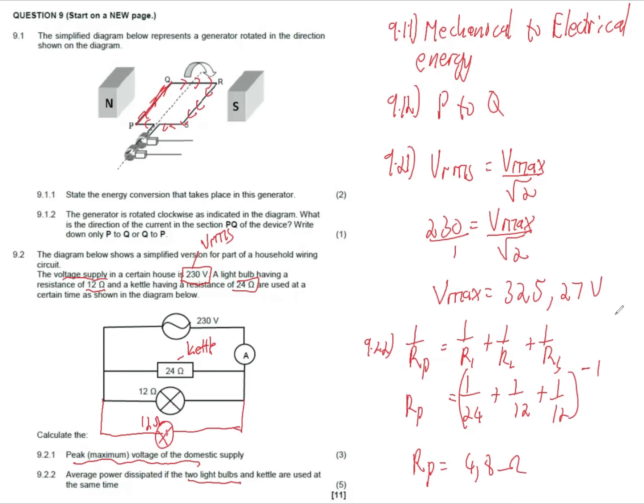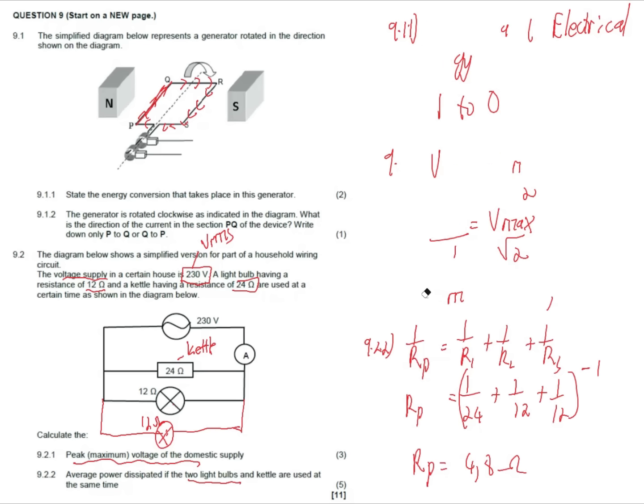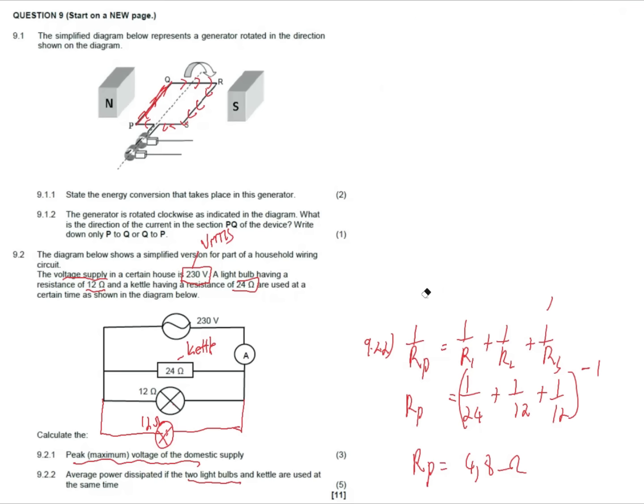So now, after getting this 4.8 ohms, we need to still calculate the what? The average power now. So note that we are given the VRMS as 230 there. So the formula that we can now apply to calculate the average power is simply V rms squared over R. So average power is equal to 230 squared divided by what? A resistance of 4.8.